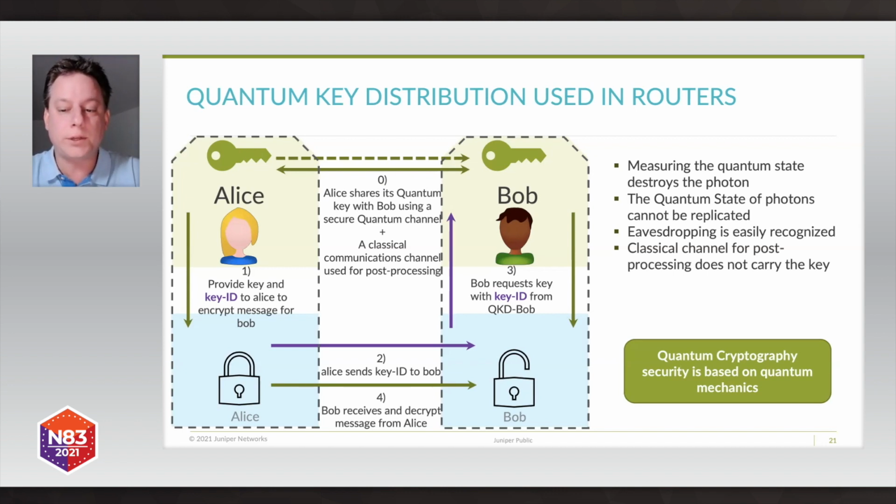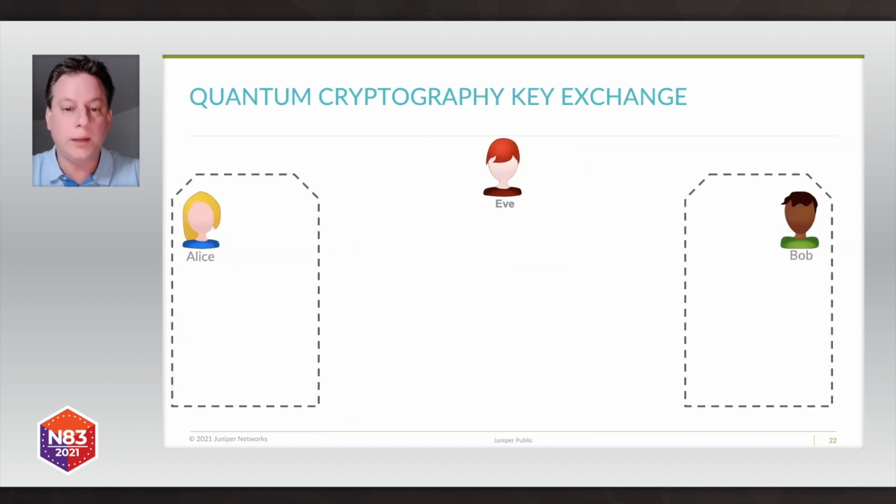And that is described in what is referred to as the ETSI protocol, or the ETSI API, I should say. ETSI came up with a standard for an API that can be used by QKD vendors and router vendors to exchange that key material and fetch the keys from the QKD devices and use that in security mechanisms.